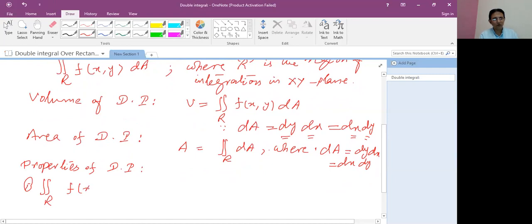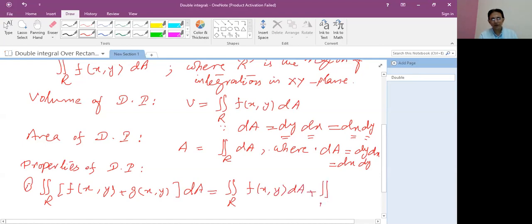If you have two functions f of xy and g of xy, the double integral of their sum dA is equal to the sum of the separate integrals. It is our first property of double integral. First you separate and then you find the integral.